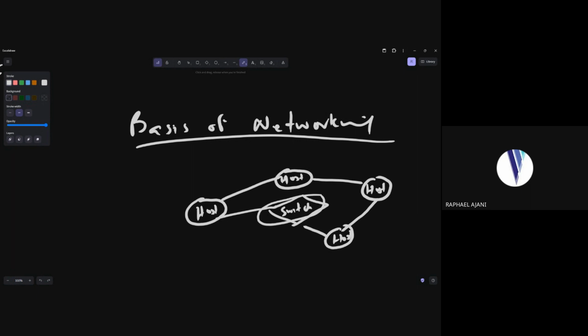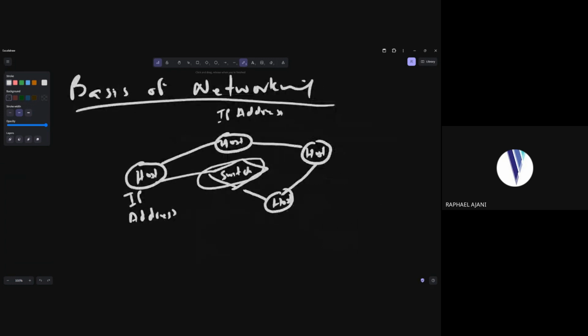But then each of these hosts is identified by an IP address. Now, the IP address is like the postal address of each of them.